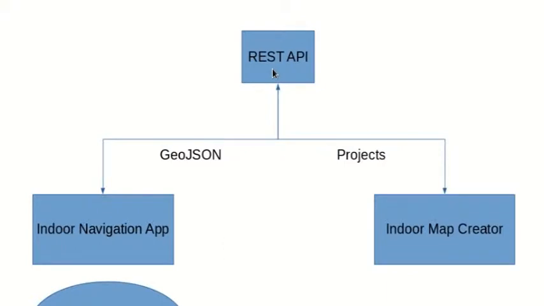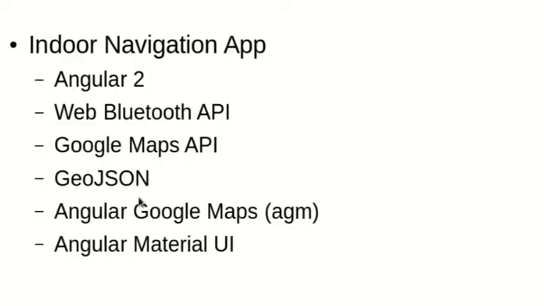Each hospital can have its own unique REST API URI that can be consumed. It returns a GeoJSON which contains all the floors and all the geometric details for that particular hospital.